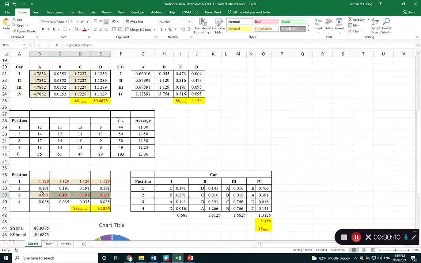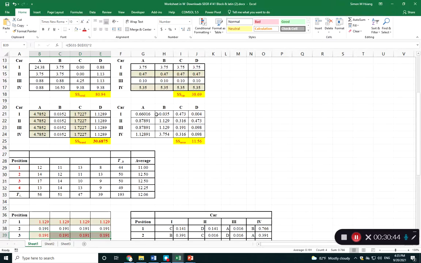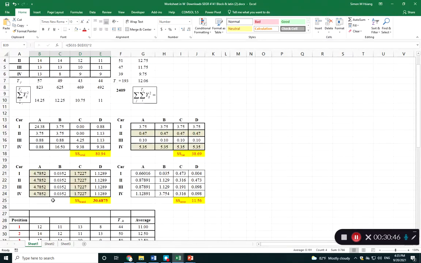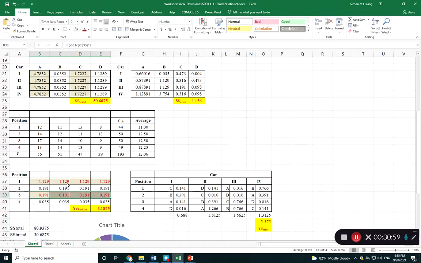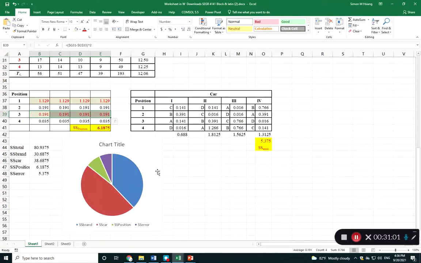No matter whether I'm looking at a subway station on position, on car, or on brand, since we're from the same subway station, they should be the same value. If you see something different, even though you regurgitate this 3 times, that rule still follows.